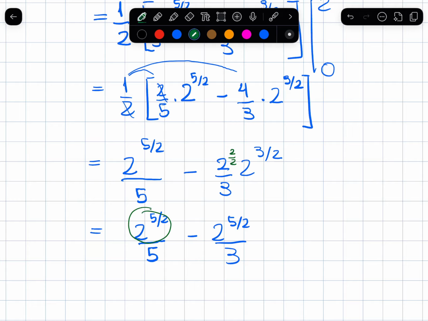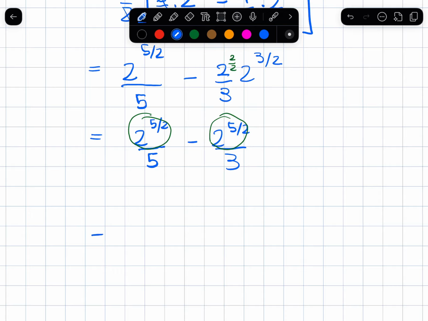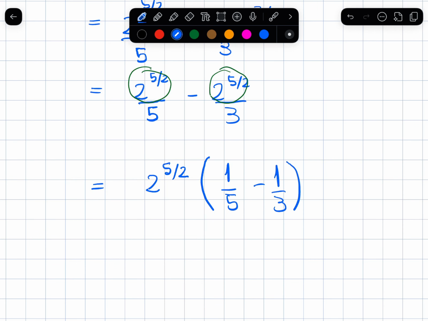Now this is the same number multiplying here, and so I get to say that if I factor this number out, this is 1/5 minus 1/3. Good. So I can just use a regular common denominator calculation here, and this will be multiplying one of these by 3.